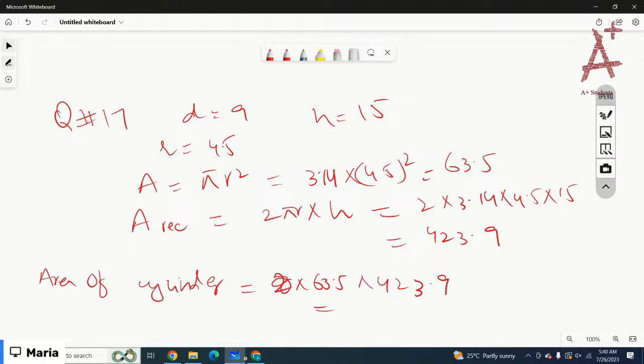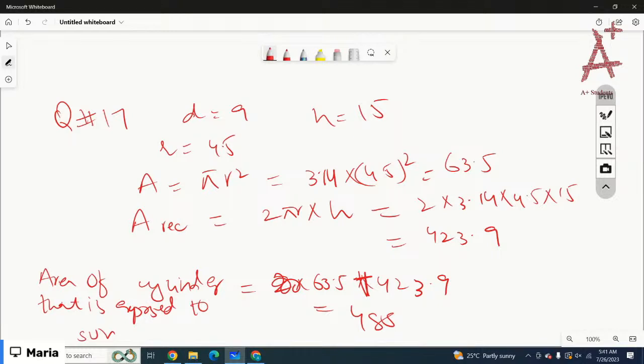You don't have to multiply it by 2 because you have to calculate the area of the cylinder that is exposed to sun. Because you have the base and the 5 centimeter is covered with the soil. Got it? So you don't have to multiply the circular face by 2. Just add up 63.5 and 423.9. So it is 487.4, 488 it is. Got it?